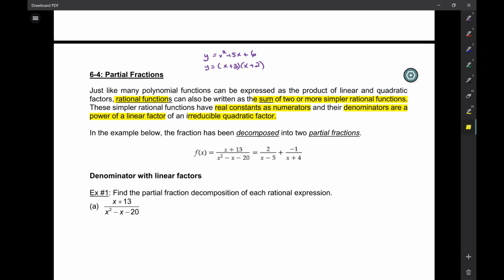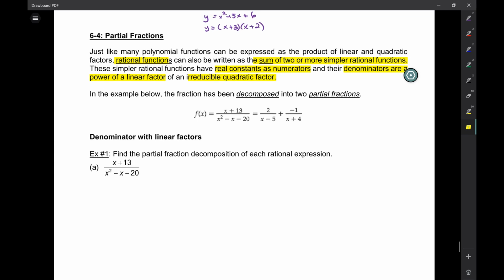To get technical, we are going to decompose this fraction into two partial fractions. This whole process is called partial fraction decomposition, all right? So if you're told to decompose this fraction or write the partial fraction decomposition, that's what they're telling you to do.